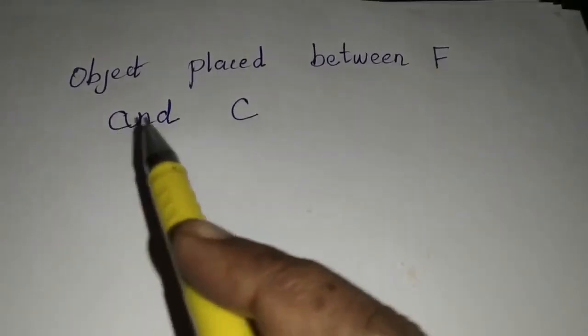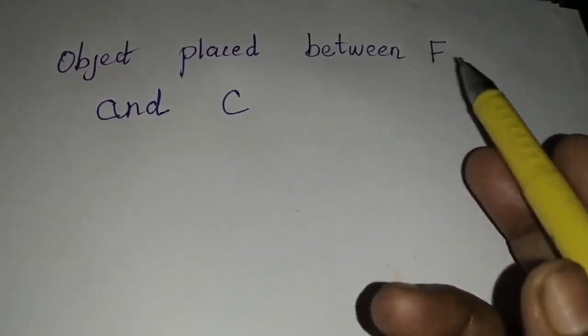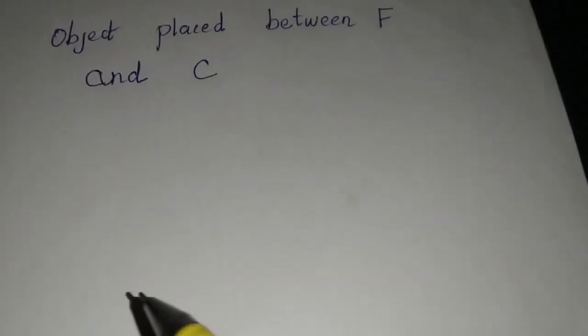Our next case: when the object is placed between F and C. Students, draw a line to show the principal axis. This is the first step.